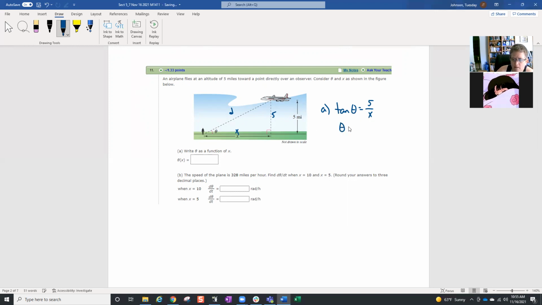So theta is equal to arctangent of 5 over x. You could also write tan inverse of 5 over x. Either one. The book frequently uses arctan, and you could just type it. You don't have to find the special function. You could just literally type the letters ARCTAN, and then it'll pop up parentheses for you.